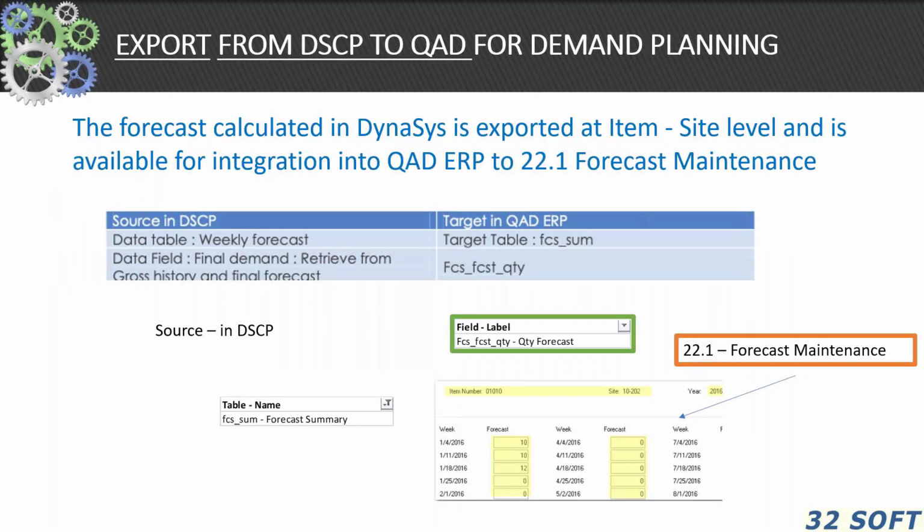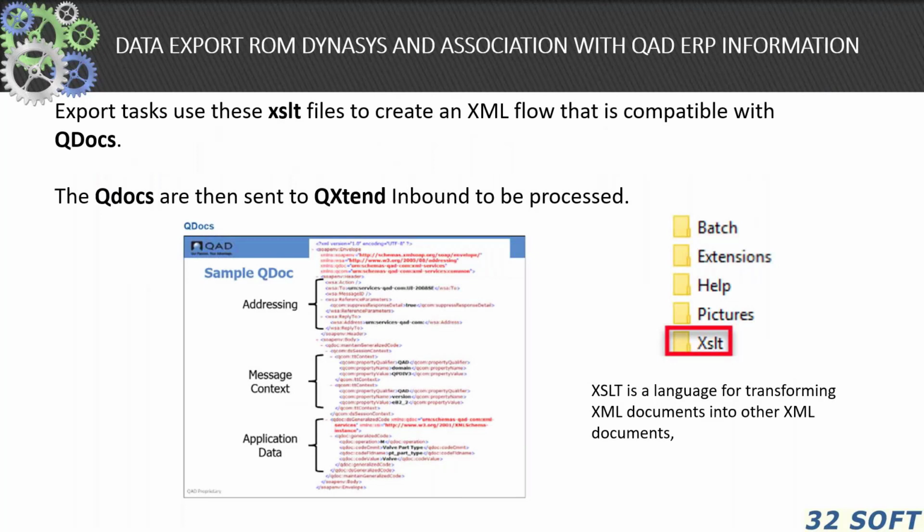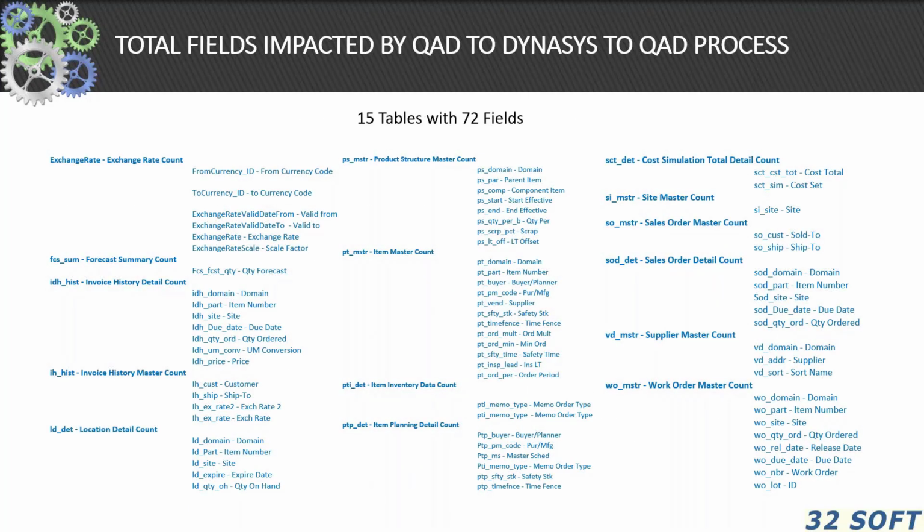After the forecast is calculated, validated, and approved in Dynasis, it is exported at the item site level and is available for integration into the QAD ERP 22.1 forecast maintenance. The export task uses XSLT files to create XML flow that is compatible with QDocs, and then the QDocs are sent to QExtend to be imported into QAD.